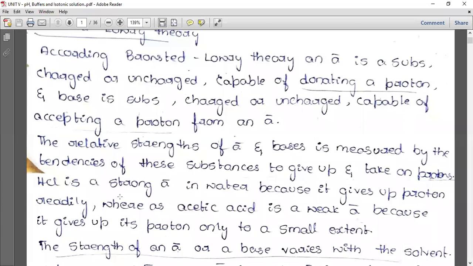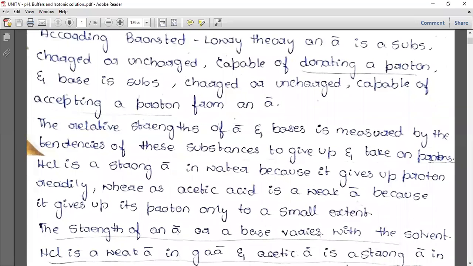The same HCl, which we call a strong acid, when you add it into acetic acid, is going to give the ion slowly. HCl is a strong acid in water because it gives up a proton readily, whereas acetic acid is a weak acid because it gives up its proton only to a small extent. We call HCl a strong acid because it readily gives up the H+ ion.